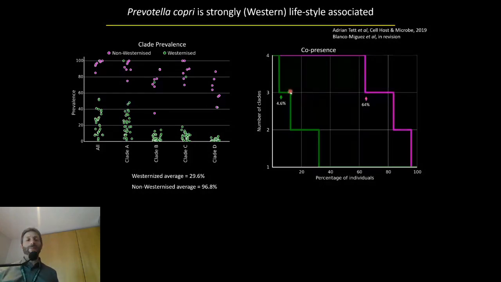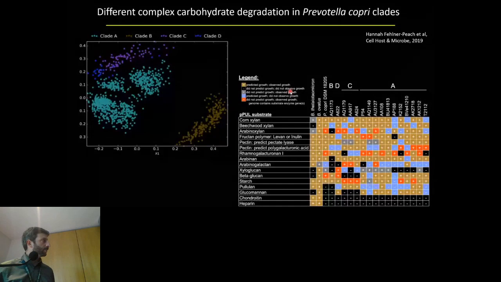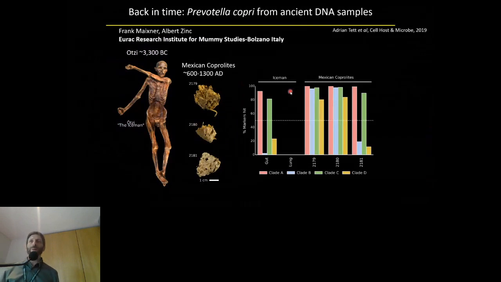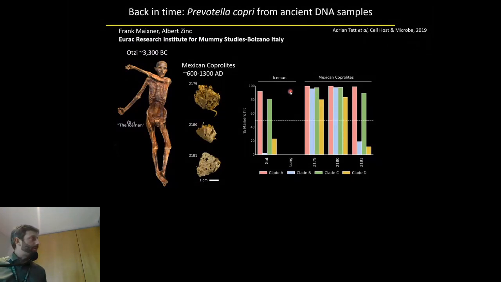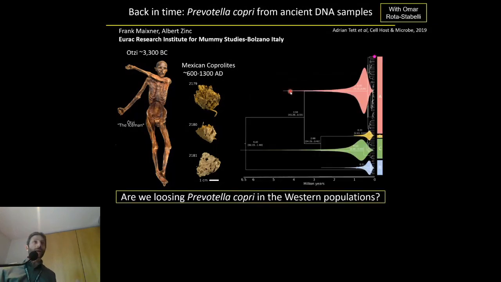And this is probably due to the fact that this bacterium is degrading complex fibers that we are maybe losing in diversity of diet in our population. And again, this ancient friend of ours has all four types of Prevotella copri, meaning that maybe this is a loss of diversity. And we can also put these strains, even ancient strains, in phylogenies, and this means that by strain level profiling, we can really uncover the phylogenetic diversity of the microbiome.